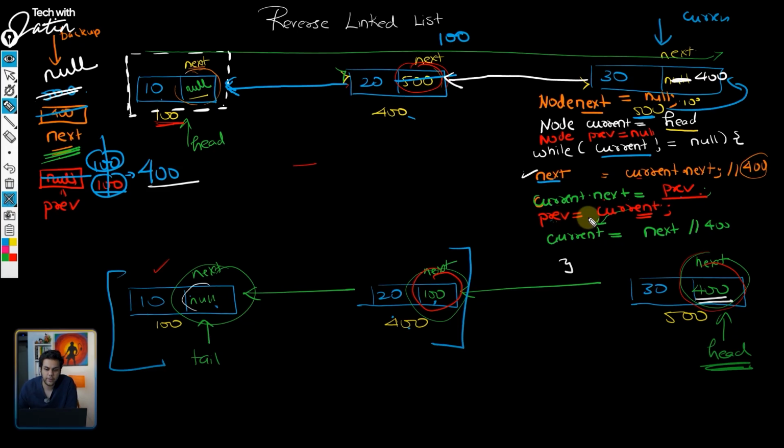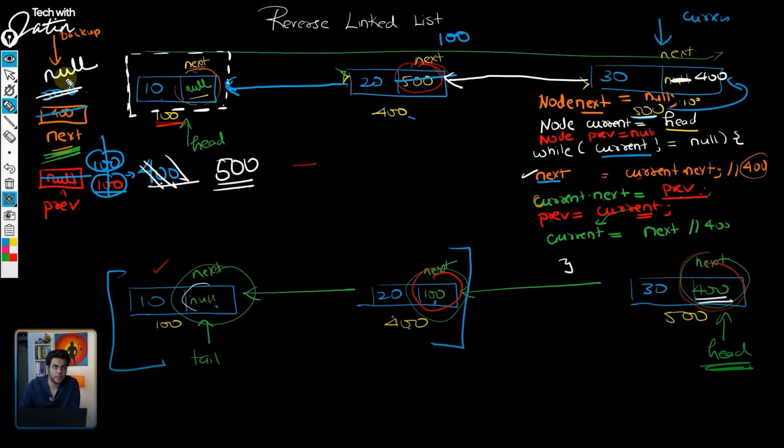Alright. Previous equal to current. Previous is having 400. What is current? Current is 500. So this 400 will get updated with 500. Current equal to next.